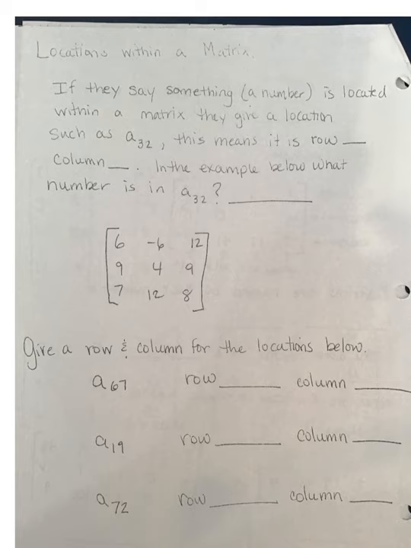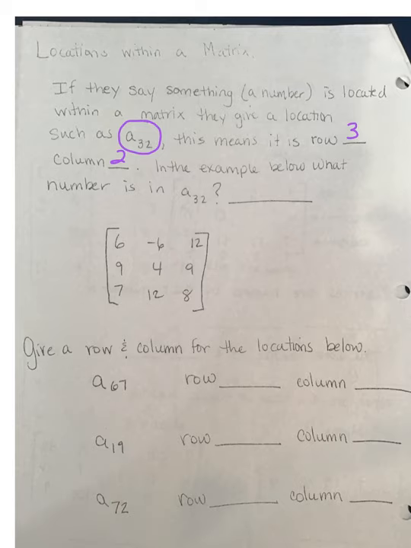If they say a number is located within a matrix, they give a location such as A32. It'll look weird, like a big letter and then a little number, and it's always an A. I don't know why, it just is. Then there's a 3 and a 2 or whatever numbers it is. This means it's in row 3 and column 2.